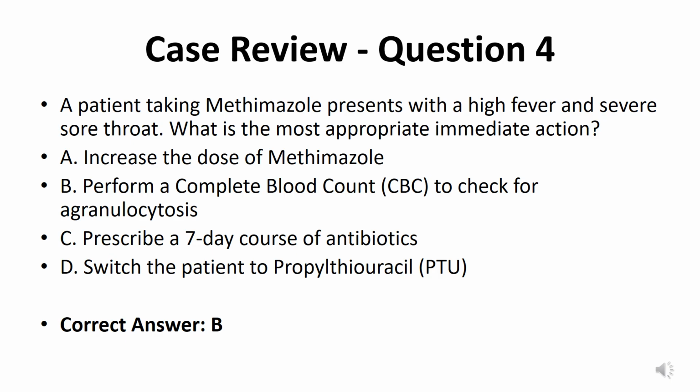A CBC is performed to measure the white blood cell count and specifically evaluate neutrophil levels. If agranulocytosis is confirmed, the medication must be stopped immediately. Patients may require hospitalization, protective infection management, broad-spectrum antibiotics, and supportive care depending on severity.